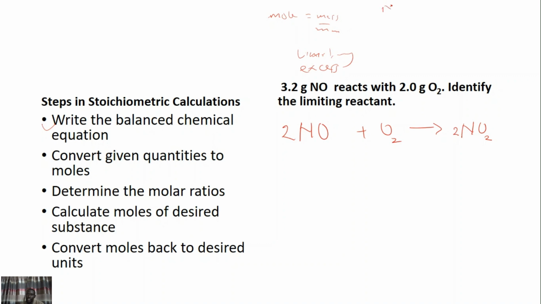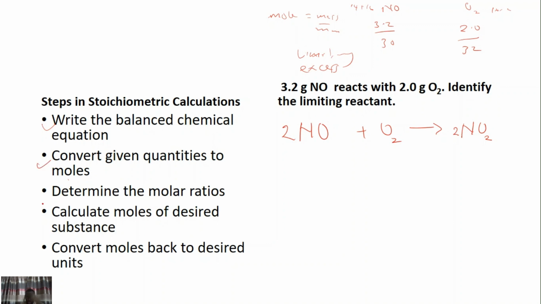And for nitric oxide, this will be equals to 3.2 divided by the molar mass of nitrogen oxide, which is 14 plus 16, which is 30, right? And for oxygen, we are given 2.0 gram divided by the molar mass of oxygen here, which is 16 times 2, which is 32, right? Good. Now, we've converted the given quantity into moles.